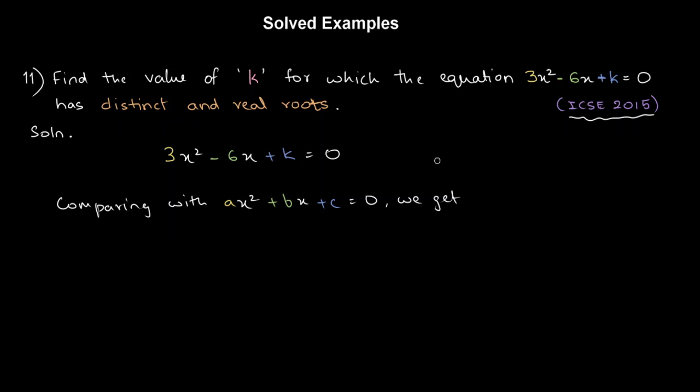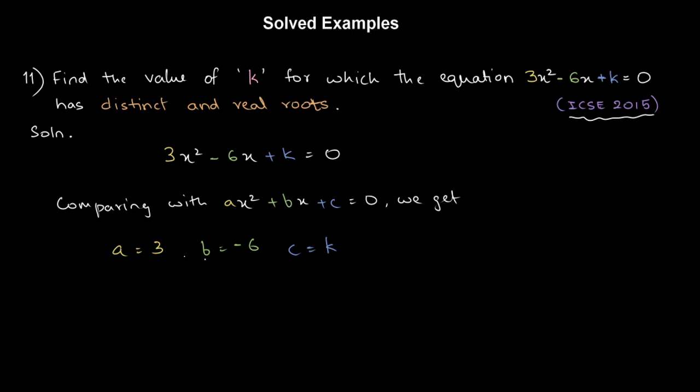So I can say a is equal to 3, b is equal to minus 6, and c is equal to k, right? So I have the values of a, b, and c.